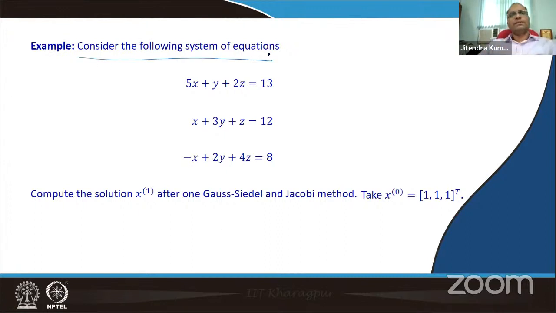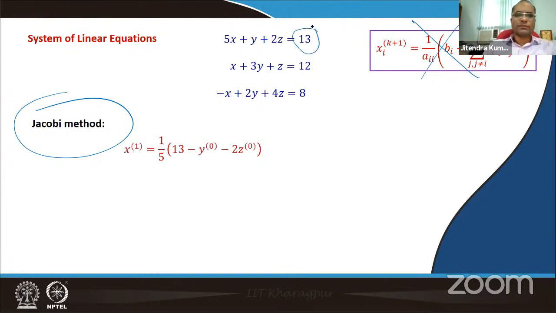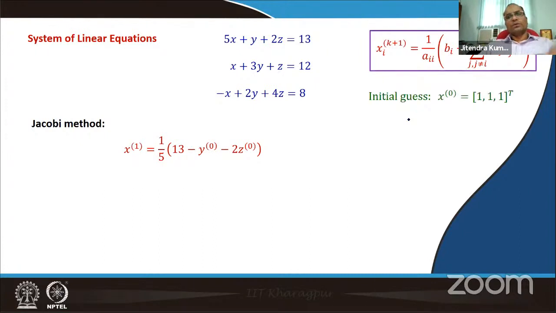So consider the following system of equations. As we have discussed, it's very simple once you have the Jacobi method; even if you don't remember the formula, it's a simple one. For x, from the left hand side, you have 13 minus this y minus this 2z, times 1/5, with the right hand side taken from the 0th iteration.